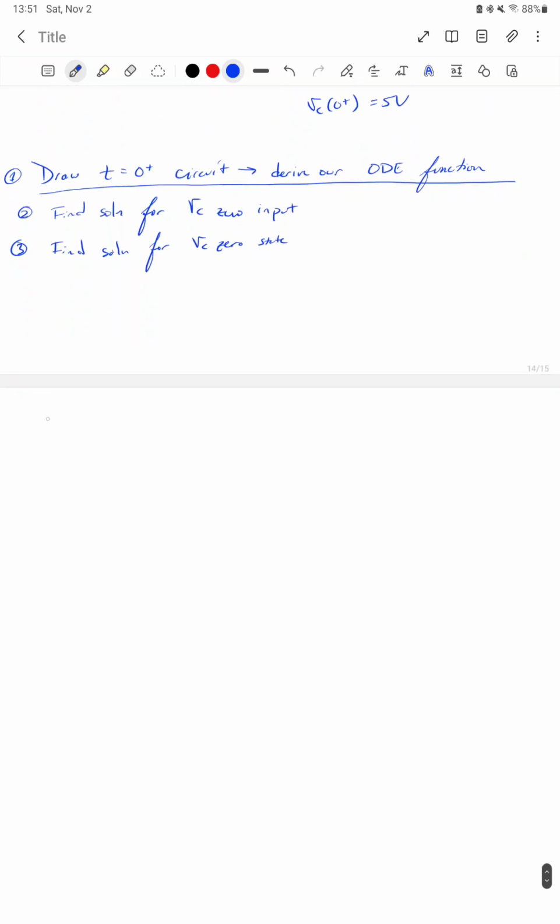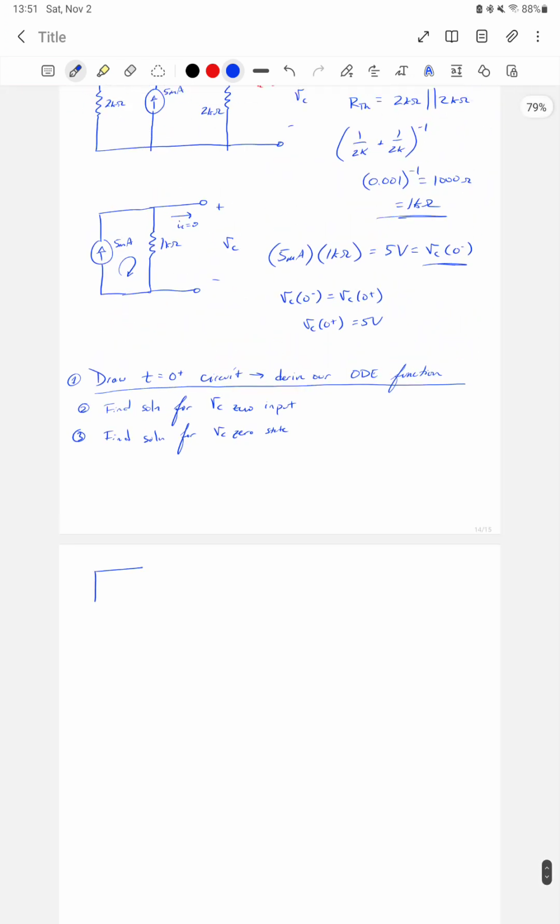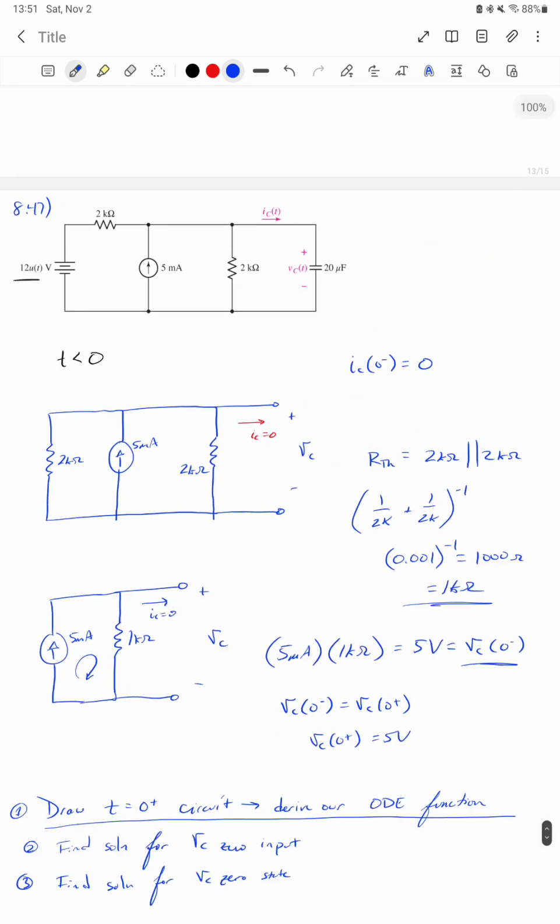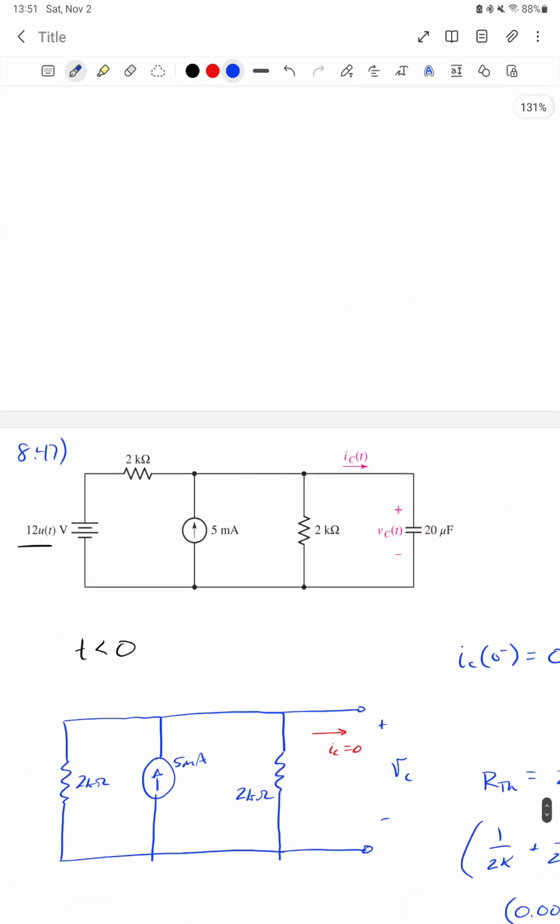So let's draw the circuit at time t is greater than 0. If we go back up to here, we have this 12u of t, right? This is now on. This is now going to be 12 volts. We still have this, which is still parallel to the rest of these. We're just going to draw these two in series with each other on one branch. This is still on, still the same.